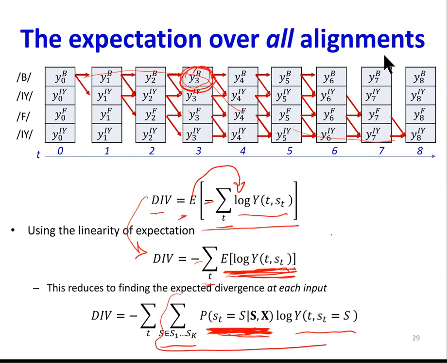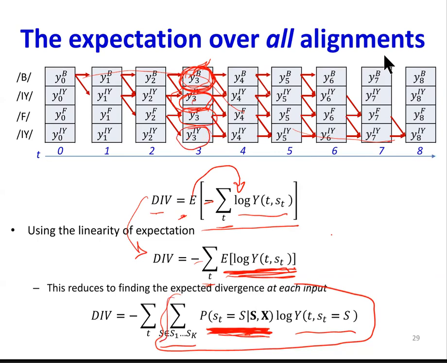So this term is the probability that a random alignment will go through this node times the log probability of this node, plus the probability that a random alignment goes through this node times the log probability of that node, and the same thing for this one.